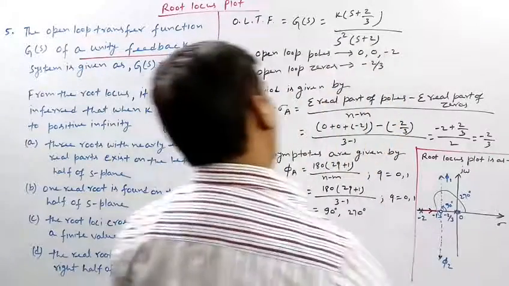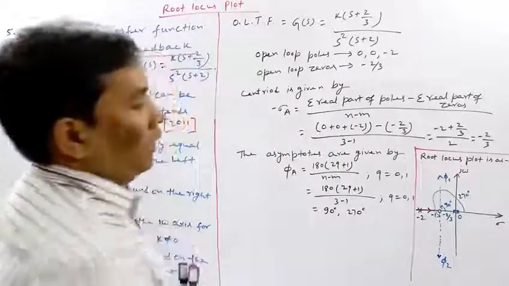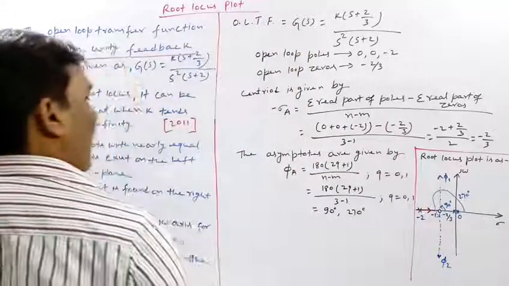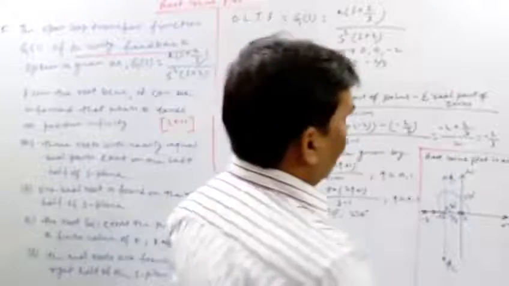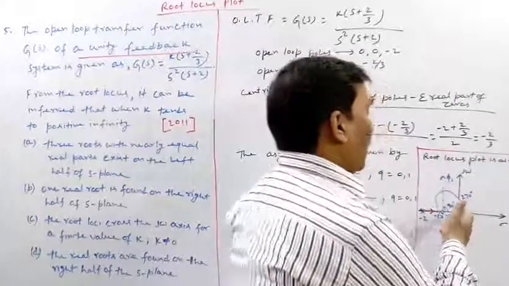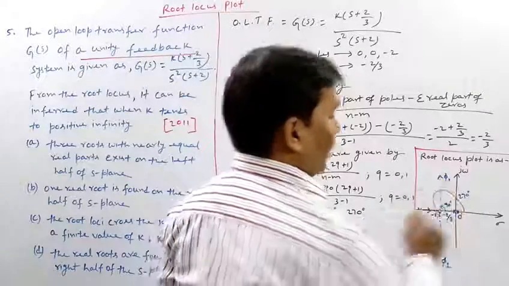So there will be two asymptotes, one along 90 degrees and another along 270 degrees. Now what will happen with the other two branches? The other two branches will terminate at infinity along these two asymptotes.